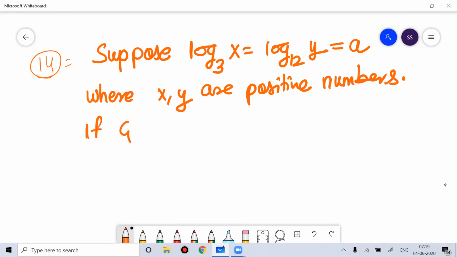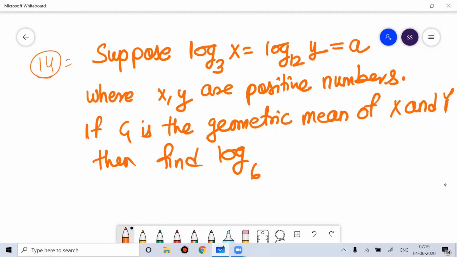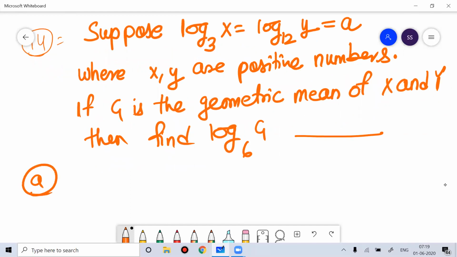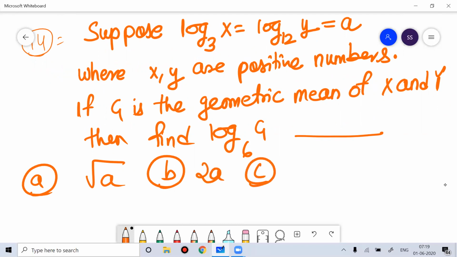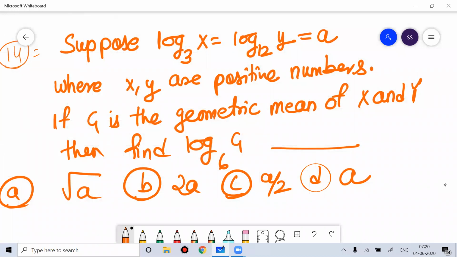If G is the geometric mean of x and y, then find log base 6 of G. The options are: option A, root A; option B, 2A; option C, A by 2; option D, A. So these are the options, and we have to solve this question.